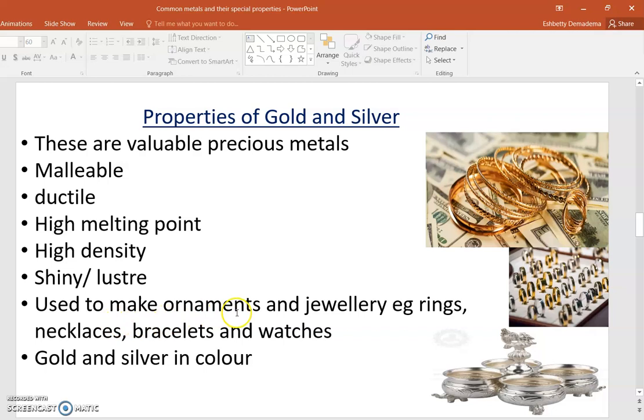They are used to make ornaments and jewelry like rings, necklaces, bracelets, watches, gold and silver in color. Okay, so there are some of the ornaments there. We've got our rings and all the other jewelry that you can use. And these are some of the properties of our most precious metals that we find in South Africa.